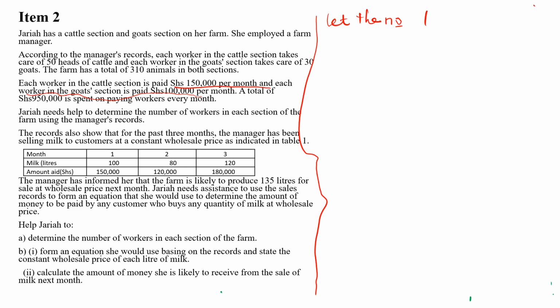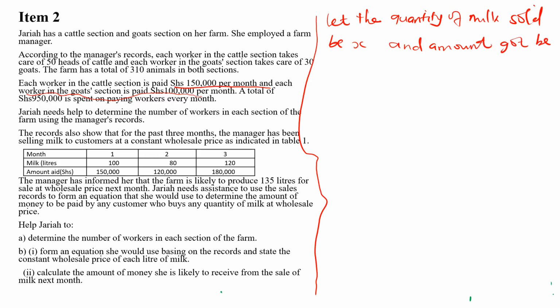First of all, remember you have to form an equation, and an equation must have variables. So let's say let the quantity of milk sold be x, and amount got be y.